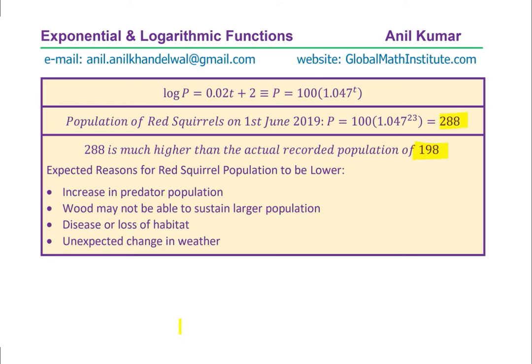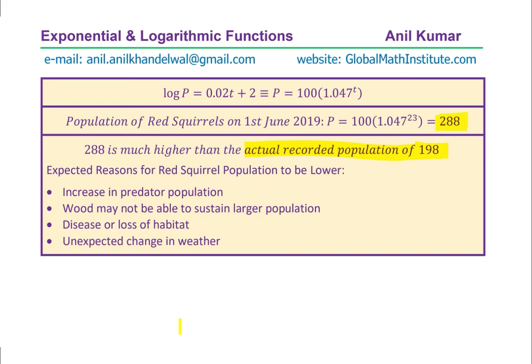So part B of this question is, what could be the reason for the value to be much lower than what is expected by the model? Or you can also say why the model doesn't fit the situation after 20 years. Now, since the actual recorded is much lower than what we calculated, it means something drastic must have happened.